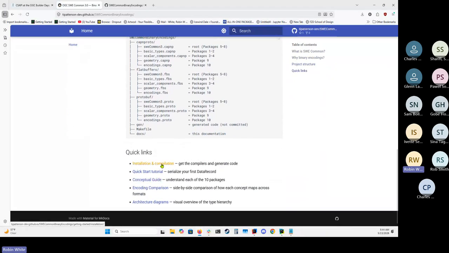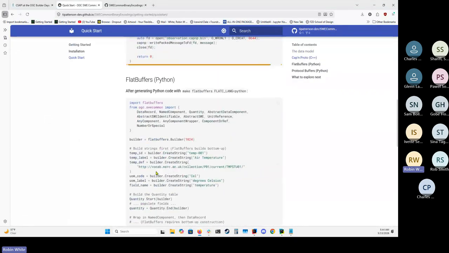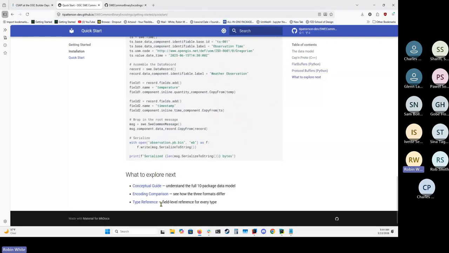And it will also be relevant later on when one of my colleagues goes into more depth with the part 3 pub sub stuff, which will be a more in-depth breakdown. There's also the basic quick start one that I just showed. Yeah, I already showed that one.